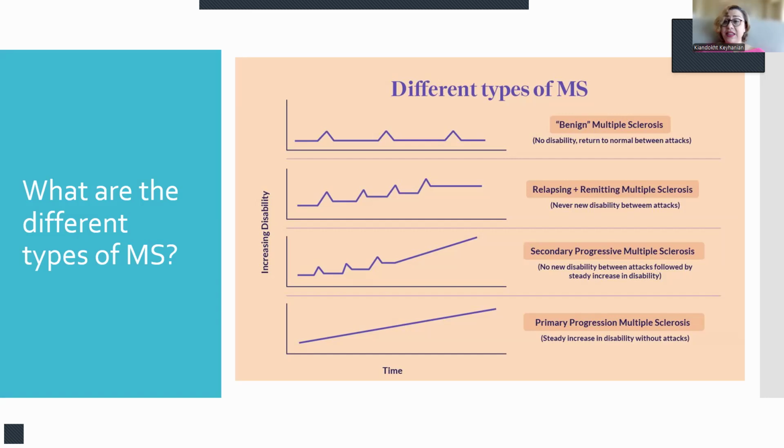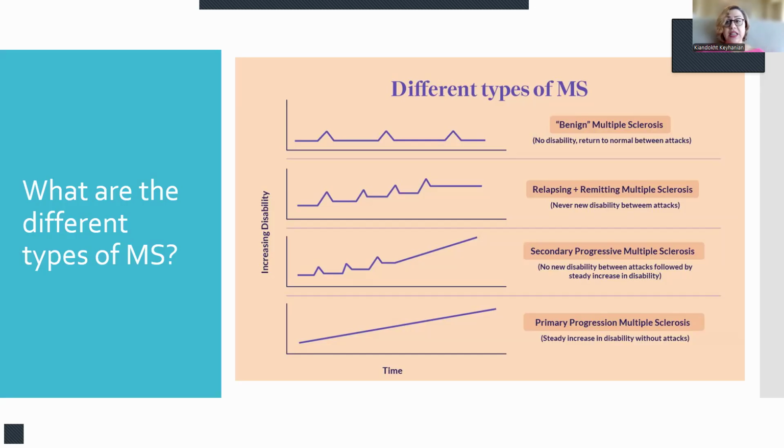So it doesn't mean the disease is active again. We call this a pseudo relapse, when the symptoms that you had before with your MS relapses come back when you are sicker for any reasons.